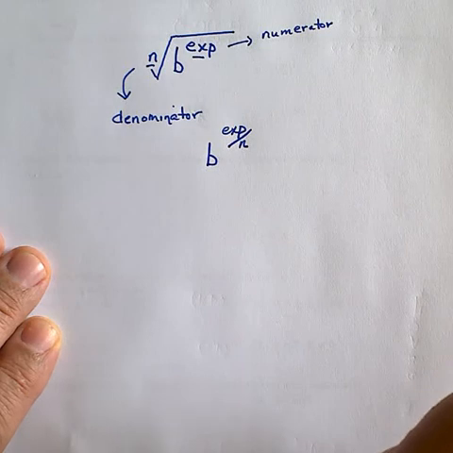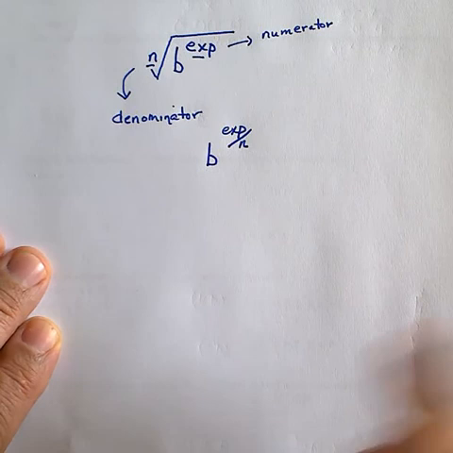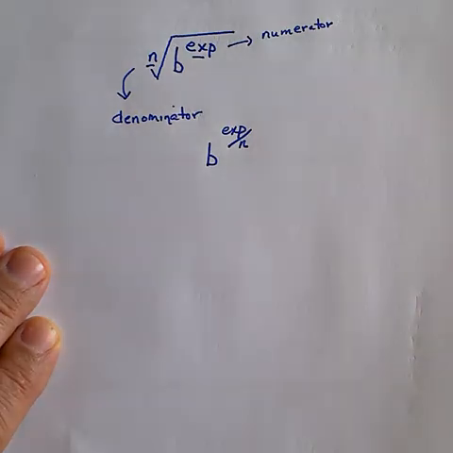No more radical symbol. Okay, so one of the things they want you to do extensively is to convert from one form, radical form, to rational exponent, and vice versa, from rational exponent to radical form. So let me give you a couple of specific examples, and then we'll look at one other topic and then go to the homework.